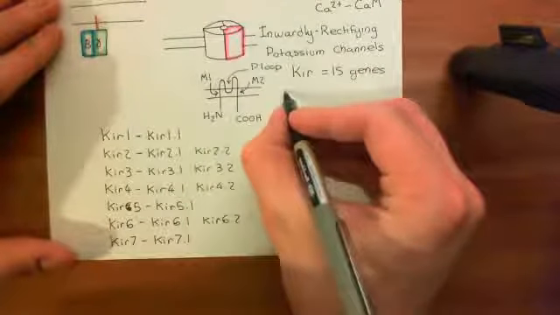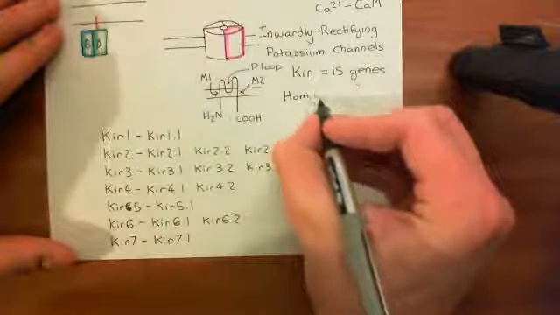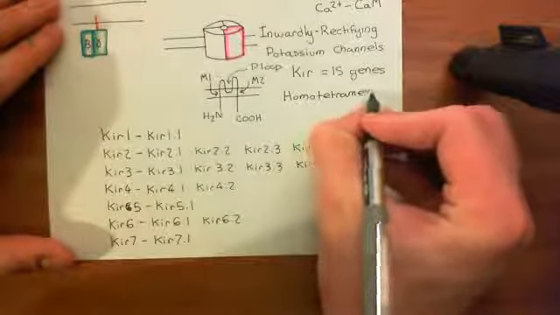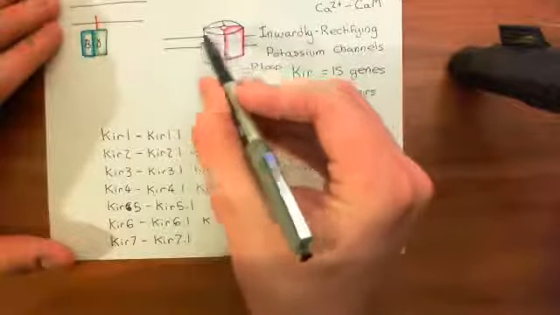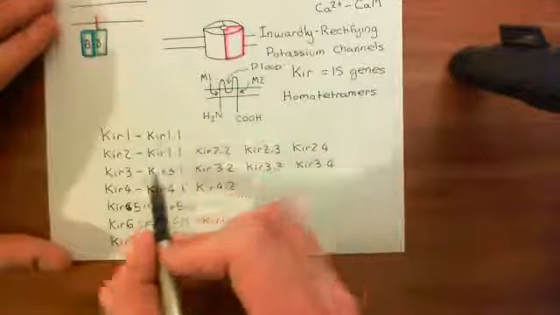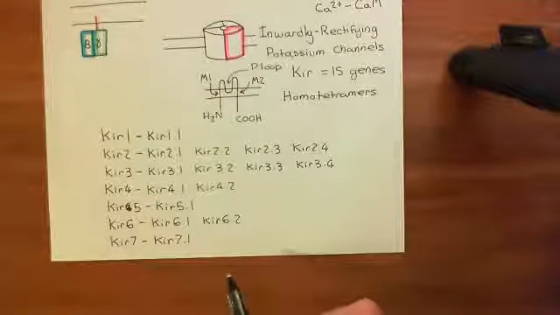Well, often what you find is that there are many different homotetramers, okay? And what this means is that the 4 subunits that make up the tetramer are all the same, okay? So you pick one of these 15 subunits that you want to use and you latch onto it, basically.